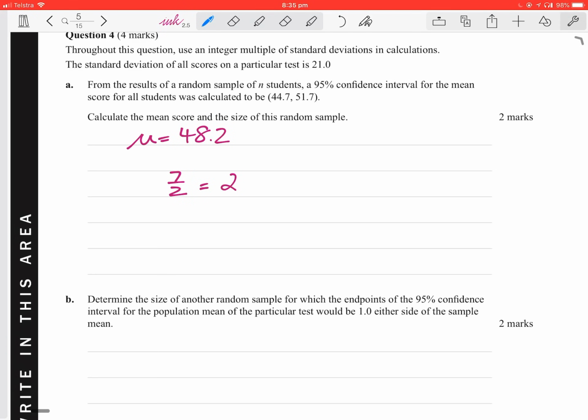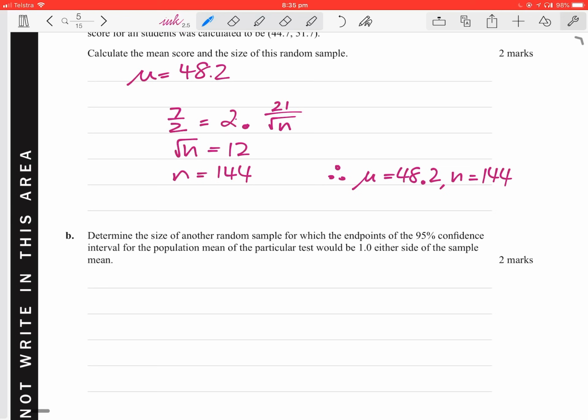That equals 2 standard deviations times my standard deviation, my z value is 2 on root n. Okay, so we got root n was equal to 12, so n was equal to 144. So therefore, mu equals 48.2, and n is 144.